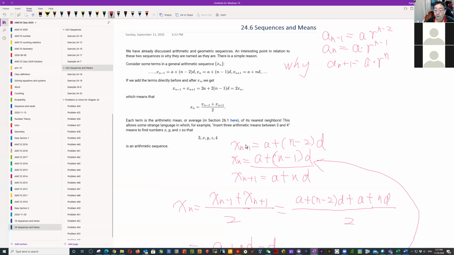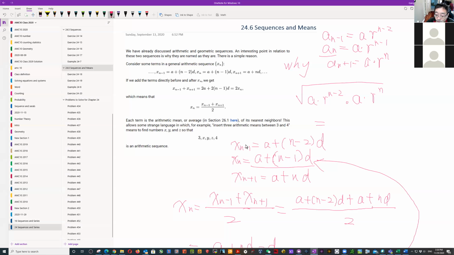So this term is actually a geometric average. The geometric average of two terms is just the product of those two terms and take the square root. So a(n minus 1) times a(n plus 1): a multiplied by r to the n minus 2, multiplied by a multiplied by r to the nth. Then the product of them, then square root.